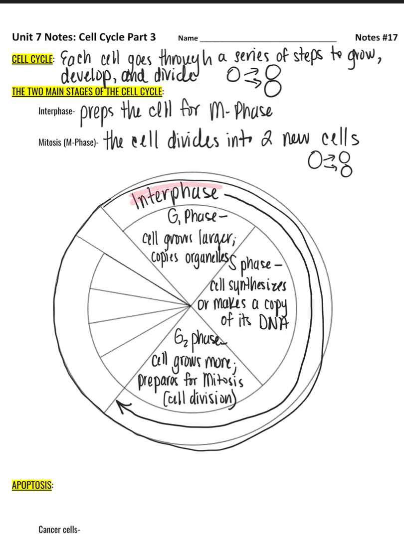So again, we have interphase, which consists of G1, S, and G2. Now that we've talked about interphase, the cell will then enter what's called the M phase or the mitosis phase.